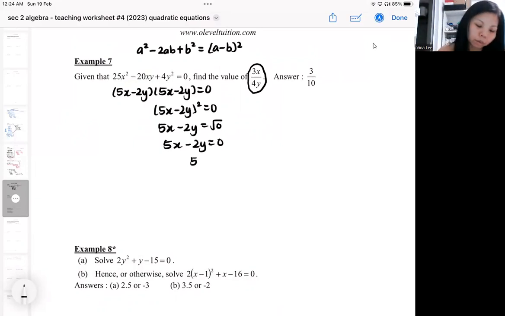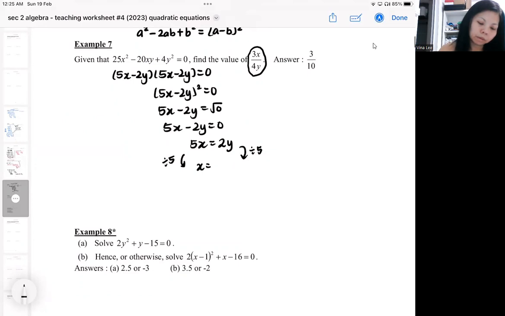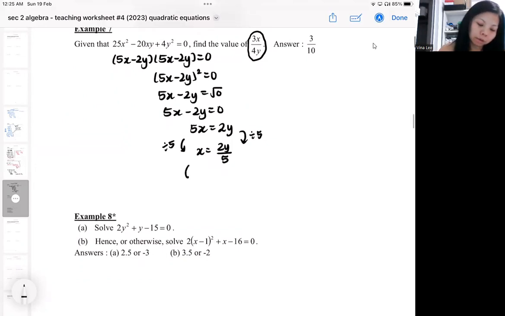So from here, we got to twist out the ratio. I'm going to divide by 5, so I will get 2y over 5. Then I'm going to divide by y.